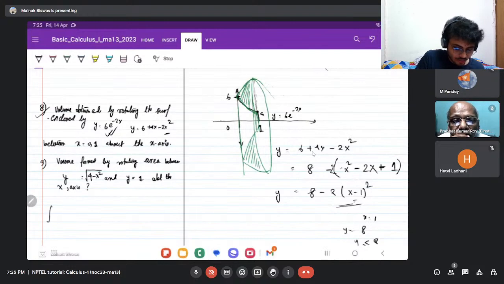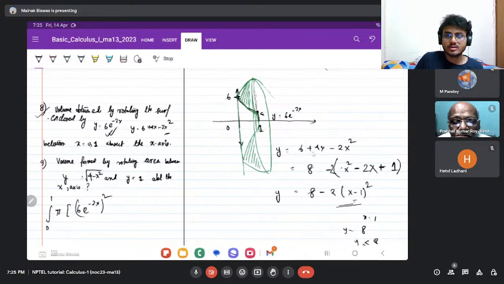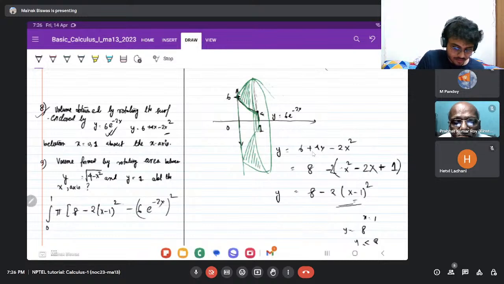So it is the integral of pi from 0 to 1 of 8 minus 2 e to the power minus 2x, whole squared, minus, or rather this is lesser, right? So this is 6 e to the power minus 2x squared and 6 plus, or I'll write 8 minus 2 times x minus 1 squared.